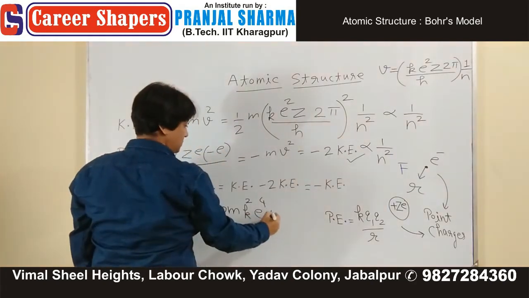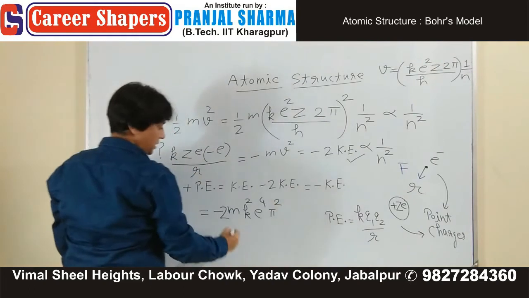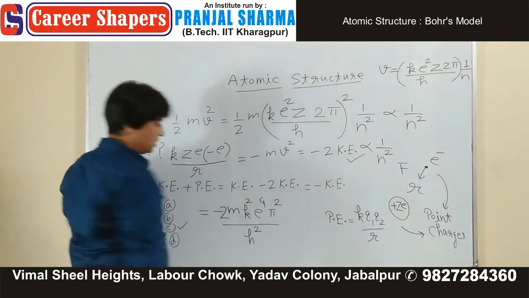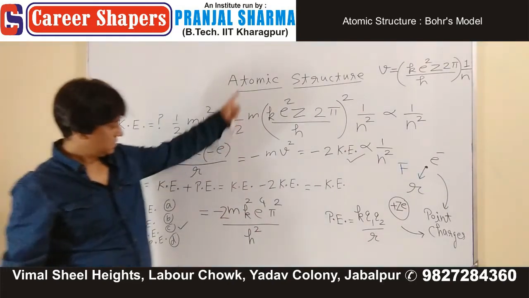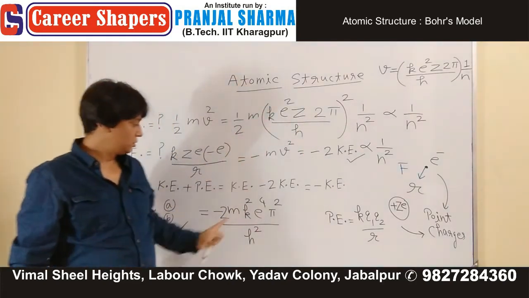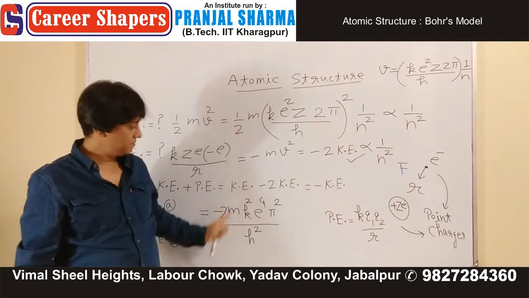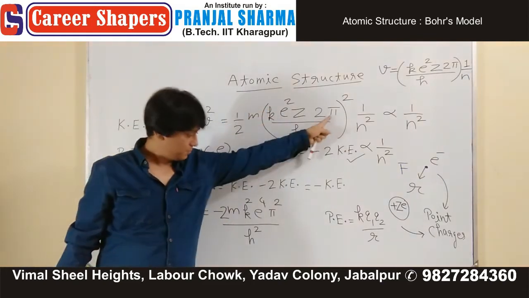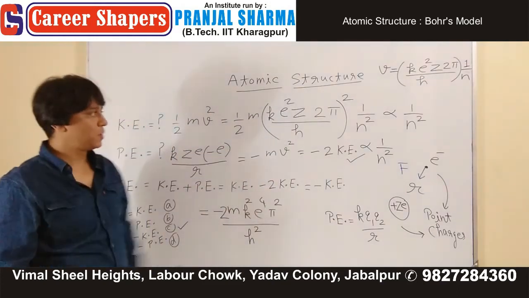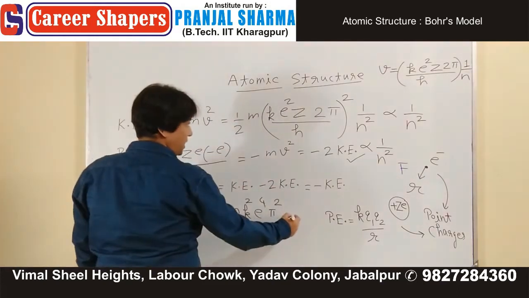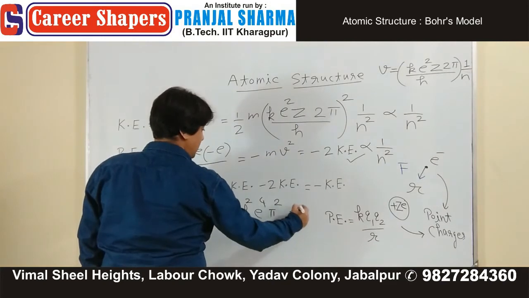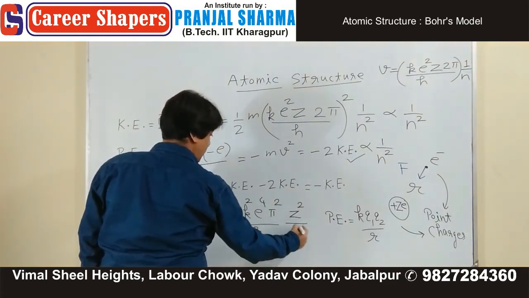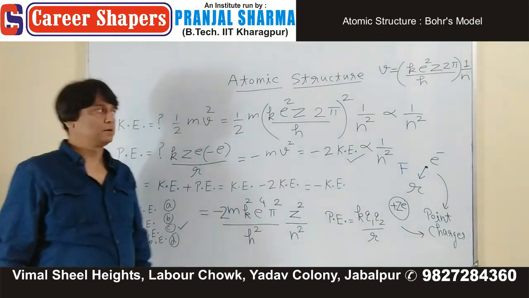Pi square divided by h square. 2 and 2, this is the 2 part, m k square e4 over 2 pi square h square multiplied by z square divided by n square.